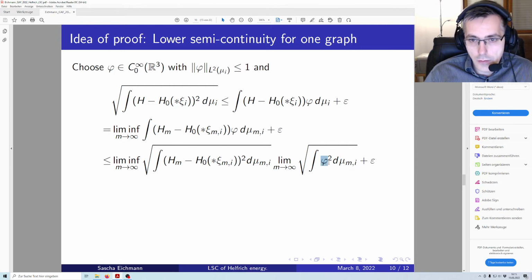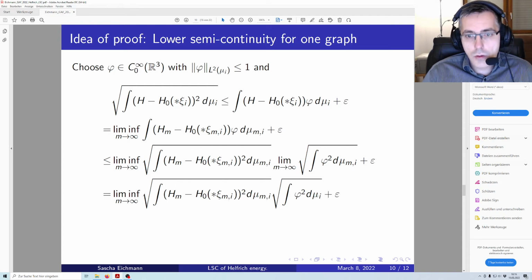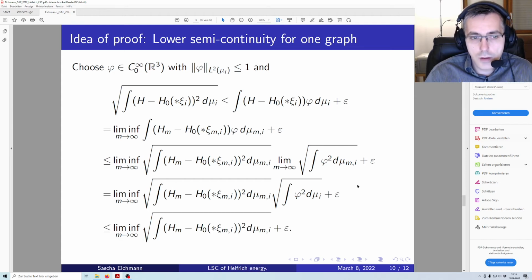But since phi squared is again smooth or continuous with compact support, this guy will actually converge. And it will converge to the same term, just without an m. And this here, this guy, is chosen to be smaller than 1. So it will just drop out.